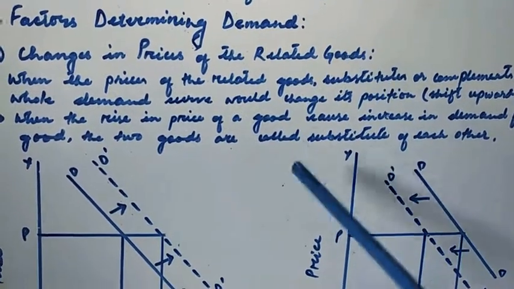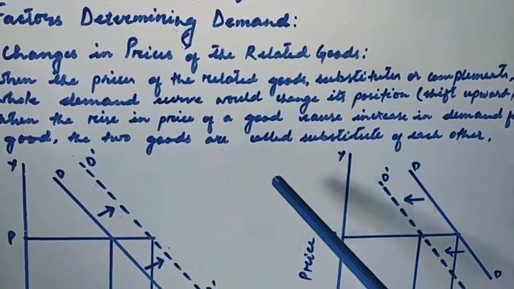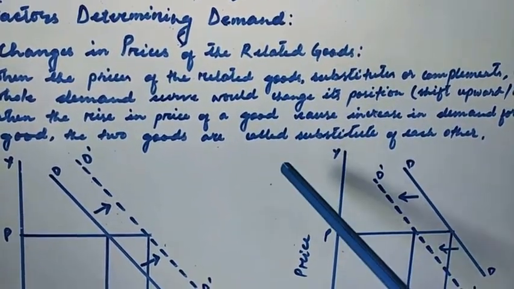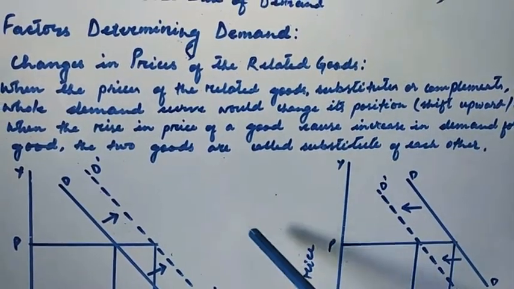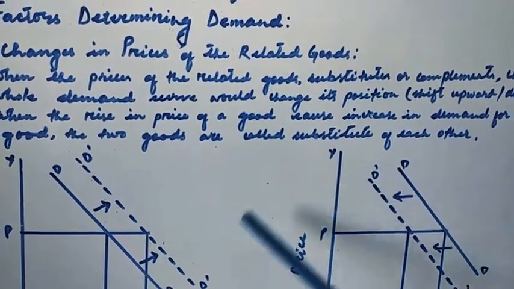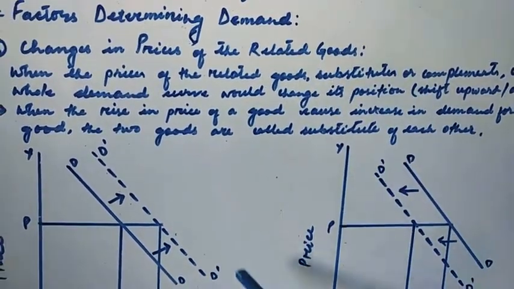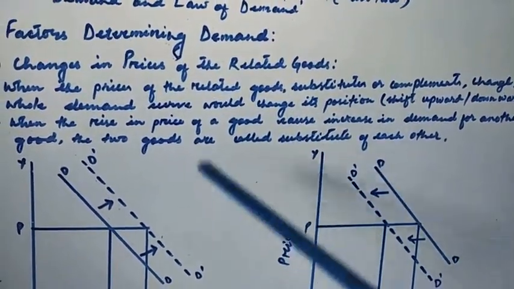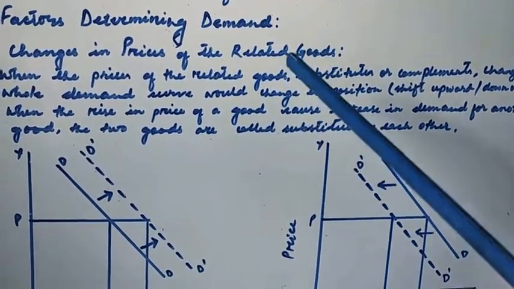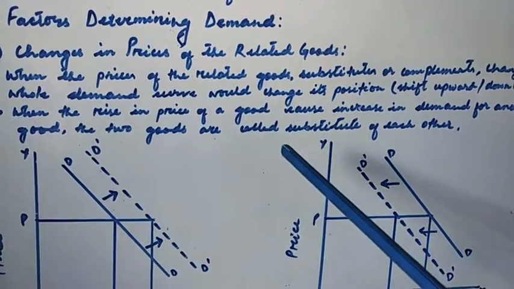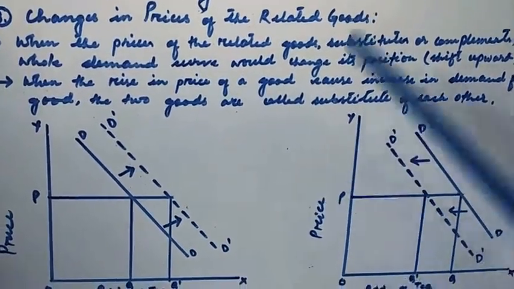Let me repeat: when there is a rise in the price of coffee, the demand for tea increases, and when the price of coffee falls, the demand for tea decreases. So coffee and tea are close substitutes, or they are considered substitute goods.